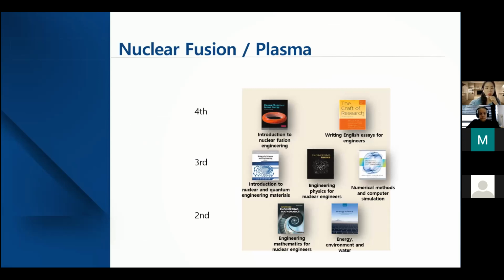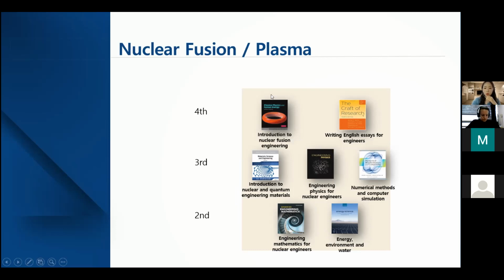And lastly, if you're interested in nuclear fusion or plasma, you are recommended to take these courses. It has generally an energy course again, and simple mathematics and physics for nuclear engineers.